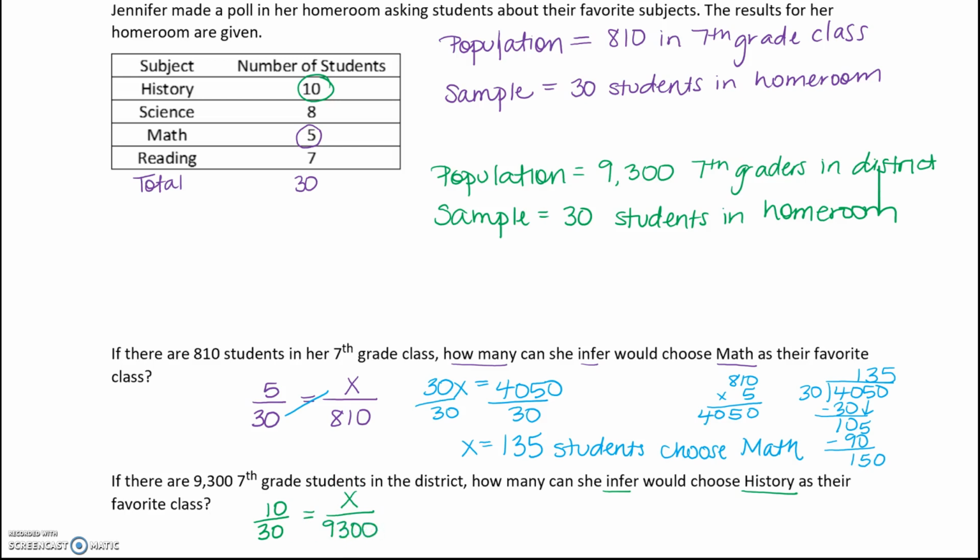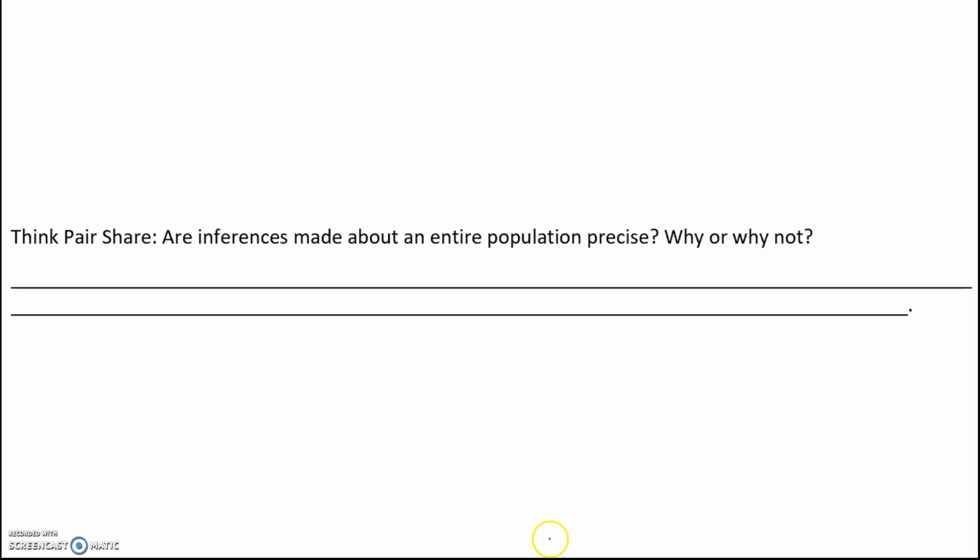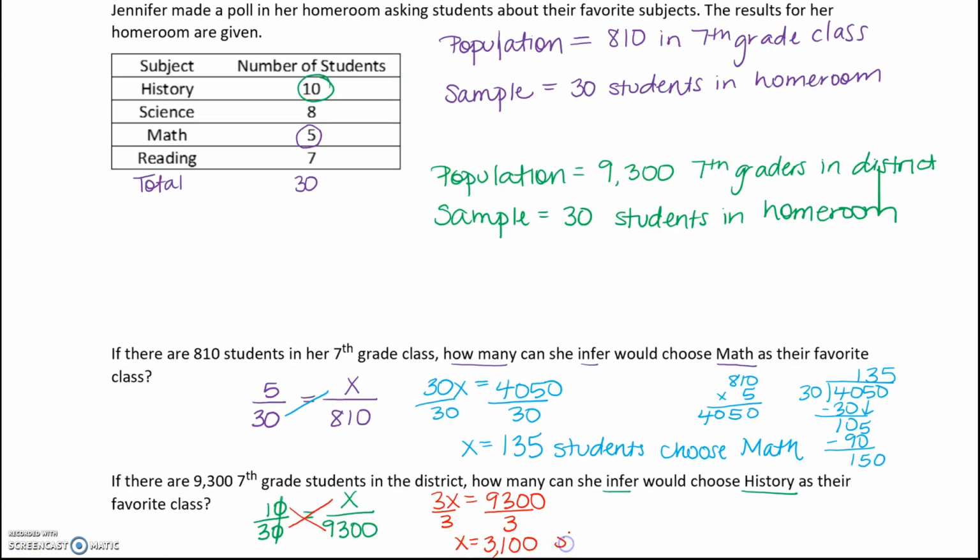We can simplify by dividing both sides by 10, and then we can do our cross product. 3 times x is 1 times 9,300. 9,300 divided by 3. So x equals 9 divided by 3 is 3, 3 divided by 3 is 1, and then my 2 zeros. So 3,100 students would choose history.